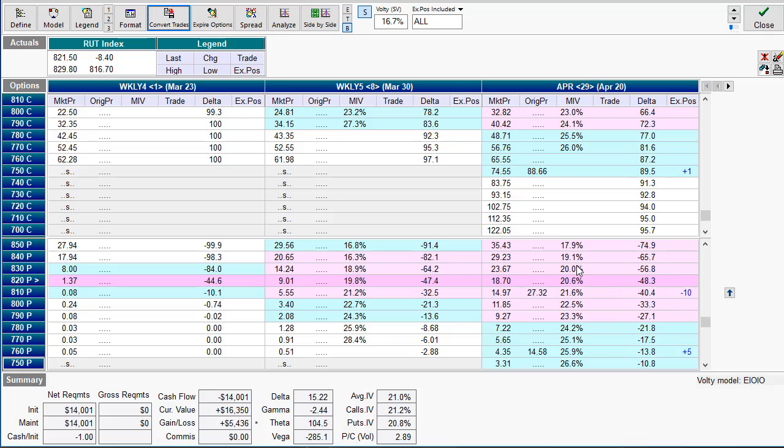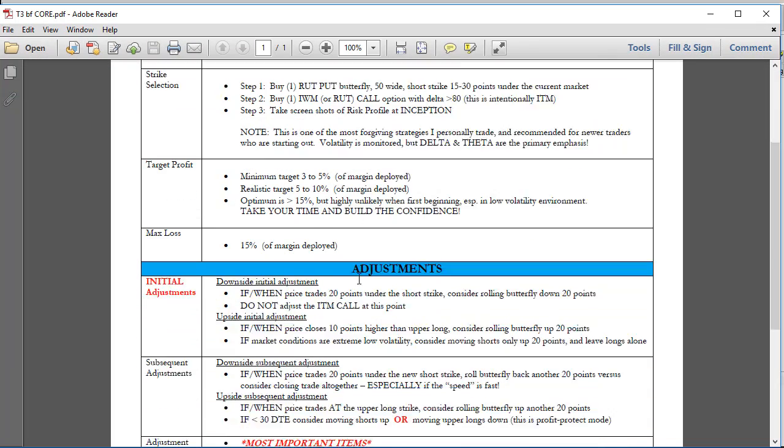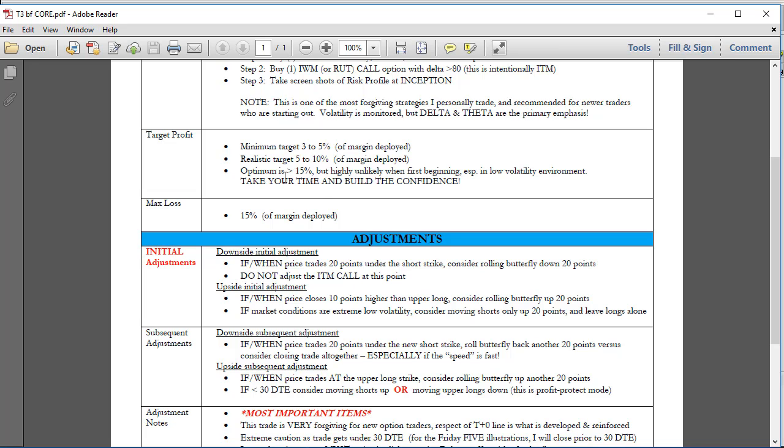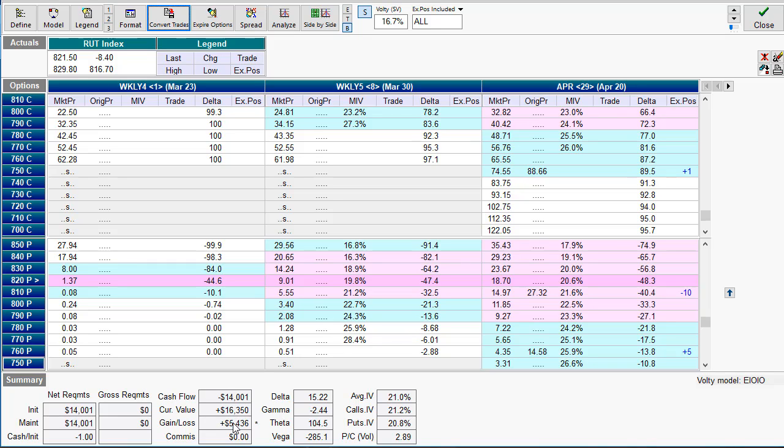And you can say this trade is going to be a gigantic winner. And as I said, optimum is greater than 15%, but highly unlikely when first beginning. Realistic is between 5 to 10%. In this example, you're already well above that. You're removing risk with each subsequent adjustment, and you're putting yourself in a very profitable scenario.